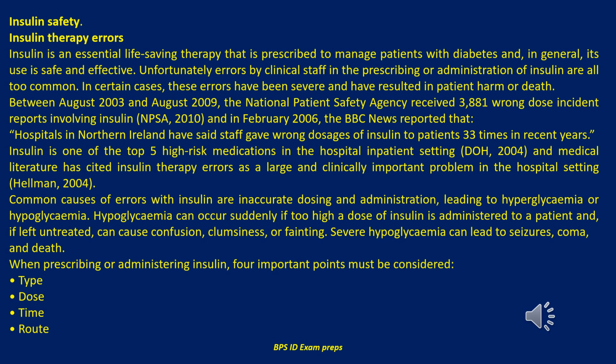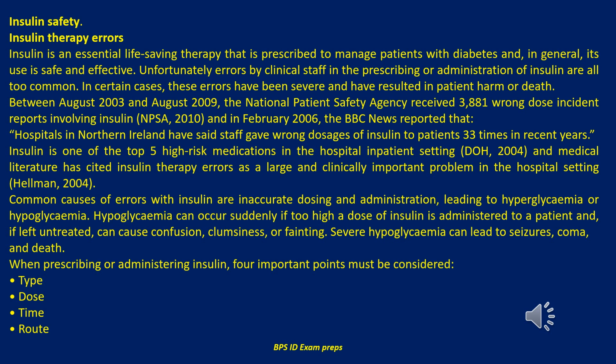Insulin is one of the top 5 high-risk medications in the hospital inpatient setting, according to Doe, 2004, and medical literature has cited insulin therapy errors as a large and clinically important problem in the hospital setting, as published by Hellman, in 2004. Common causes of errors with insulin are inaccurate dosing and administration, leading to hyperglycemia or hypoglycemia.